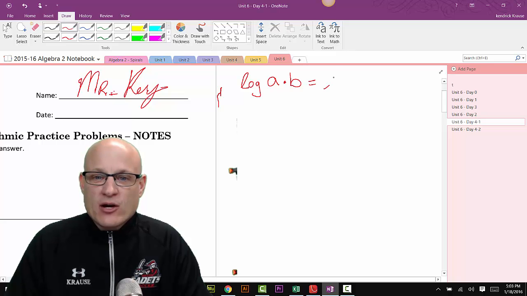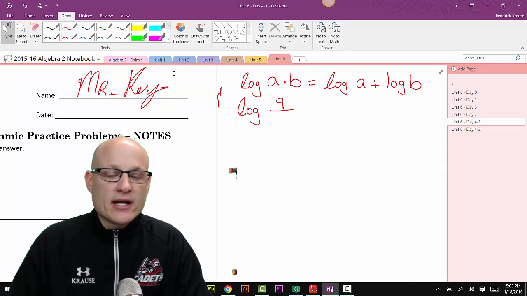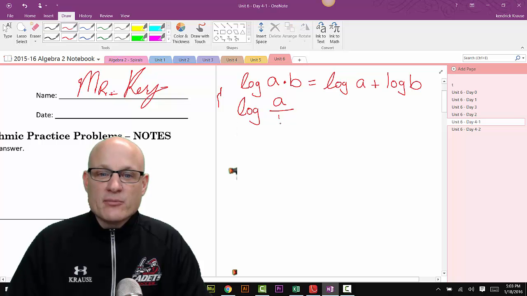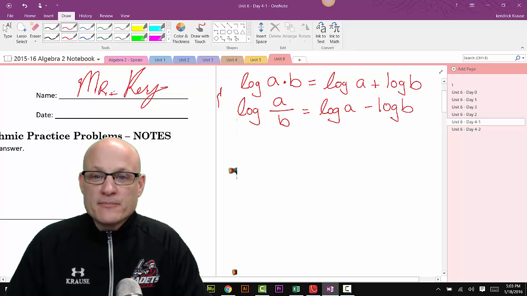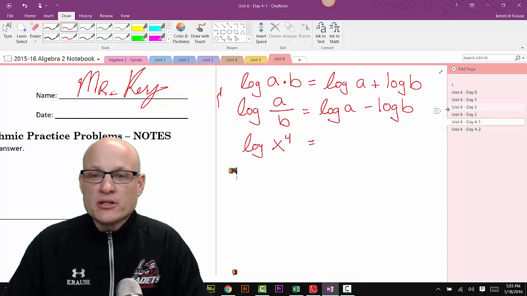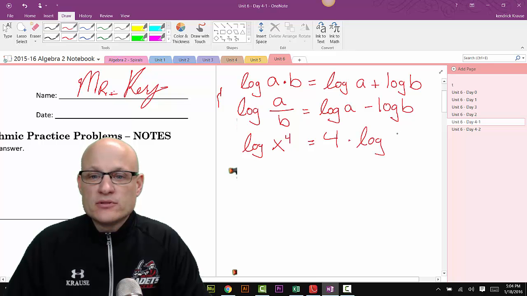If I wanted to expand that, it would be the log of A plus the log of B. Let's say I had the log of A divided by B. When we have division and want to expand it, that's subtraction: log of A minus the log of B. And if we have exponents, for example the log of x to the 4th, that turns into multiplication: 4 times the log of x.